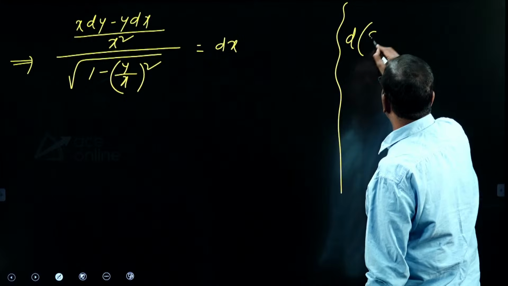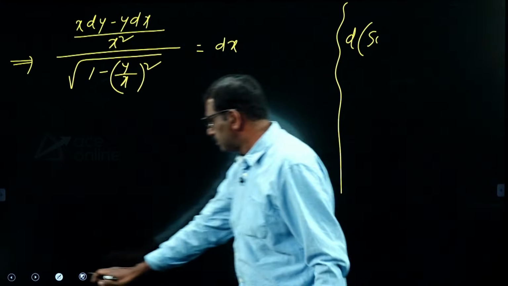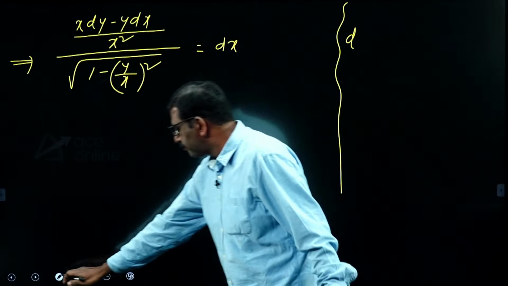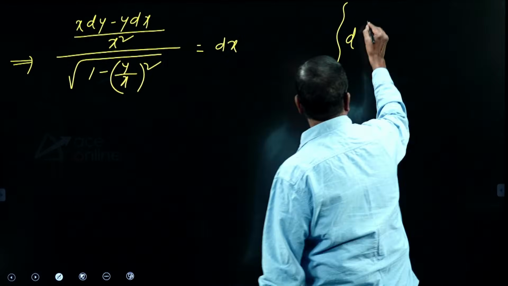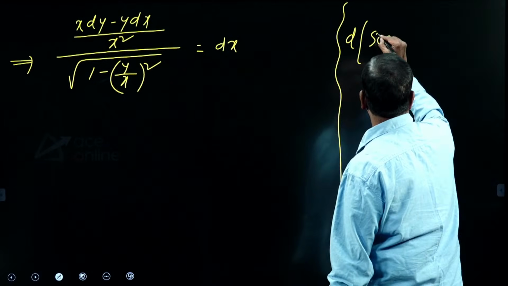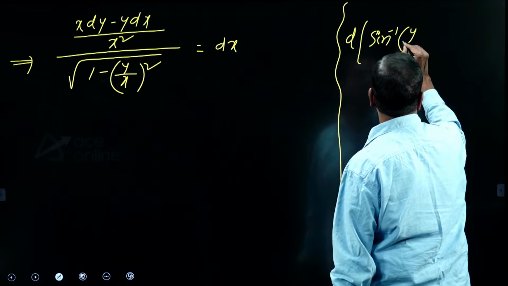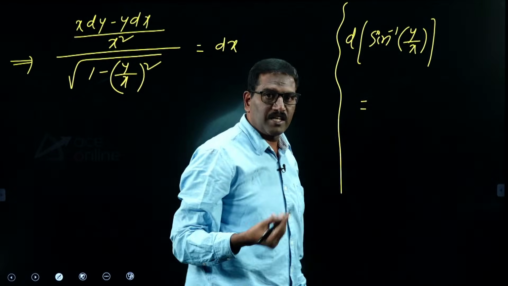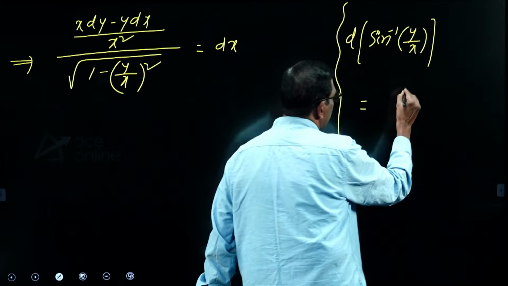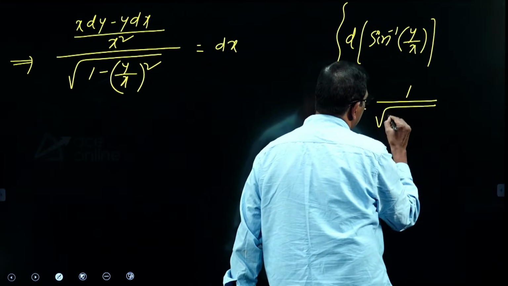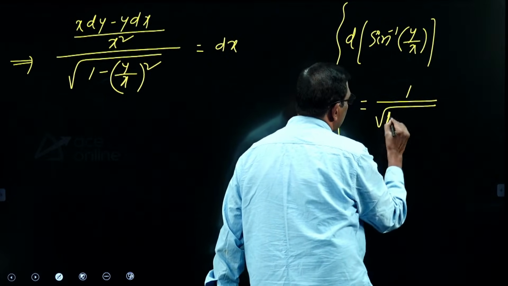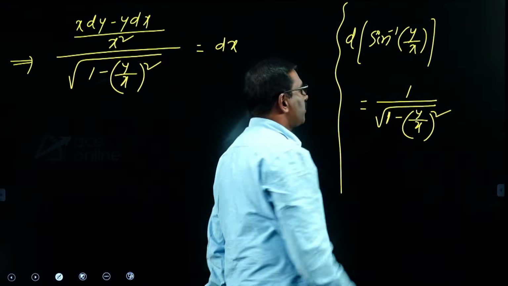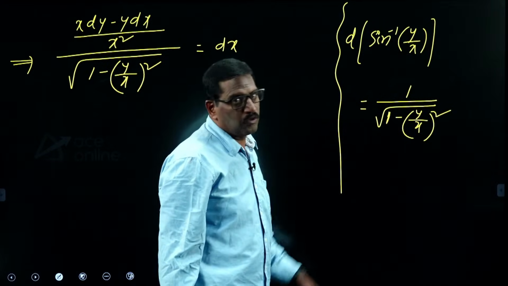What is the derivative of sin inverse y by x? First, the derivative of sin inverse x is 1 by root over 1 minus x square.